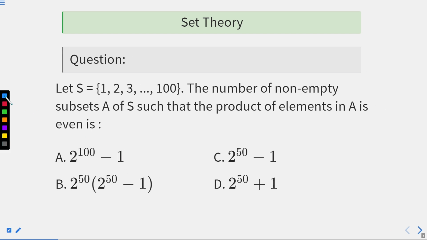So here the set S is given in roster form. The elements are 1, 2, 3, till 100.